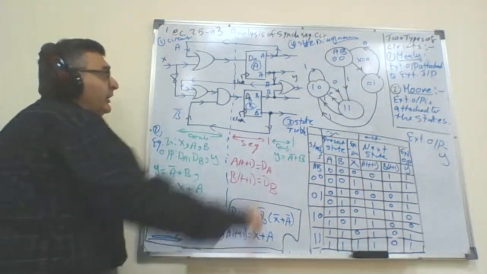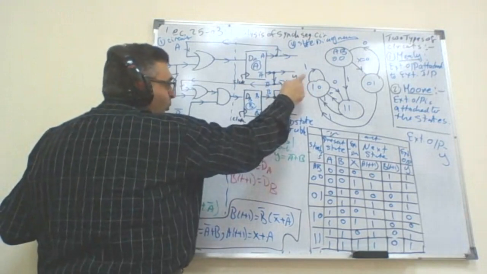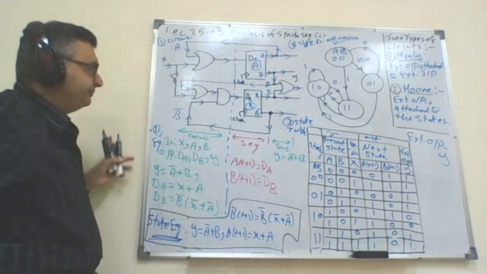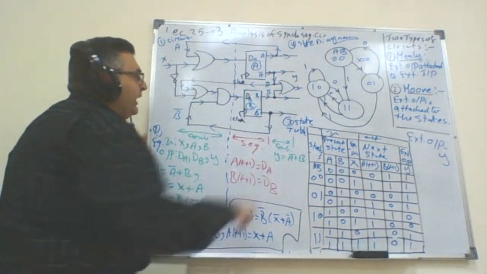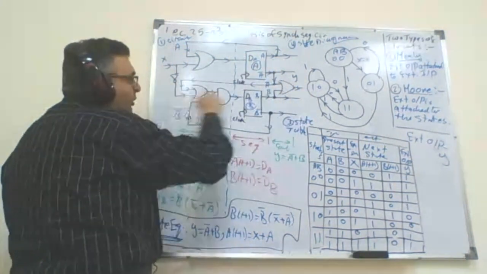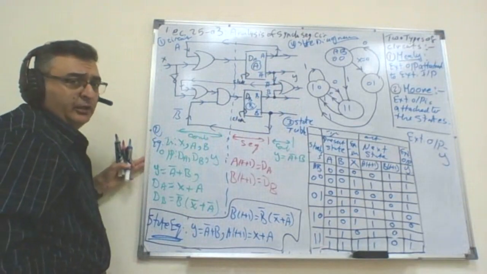Let's review that. Take a path retrograded from Y trying to reach X. Can you go through a retrograded path to X without going through the flip-flops? The answer is no.